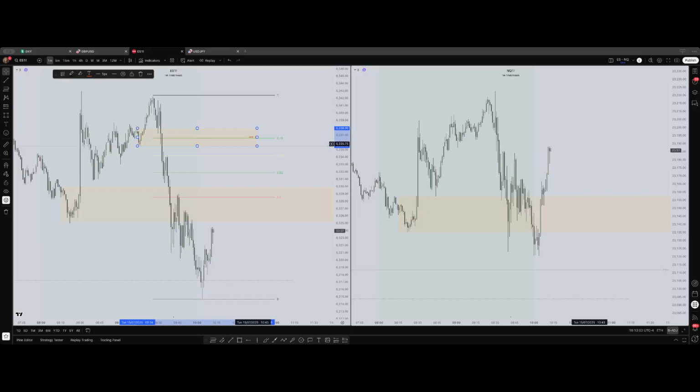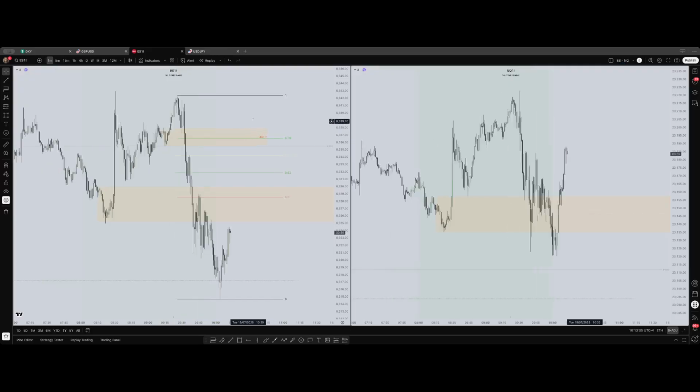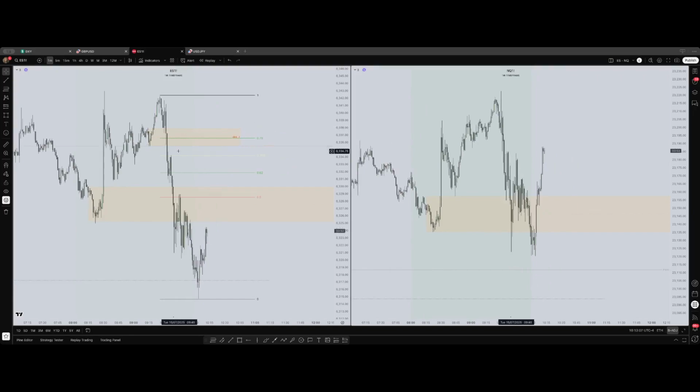So a 1 minute breaker, which also has confluence with a tiny imbalance here, and also we have an imbalance here.